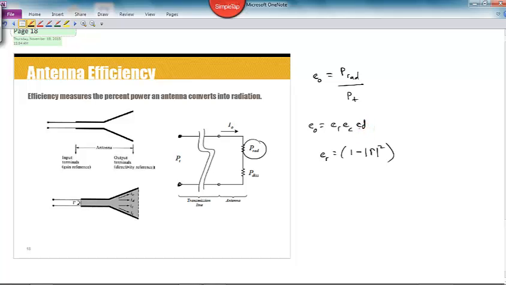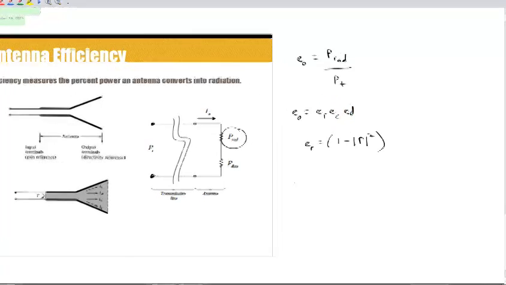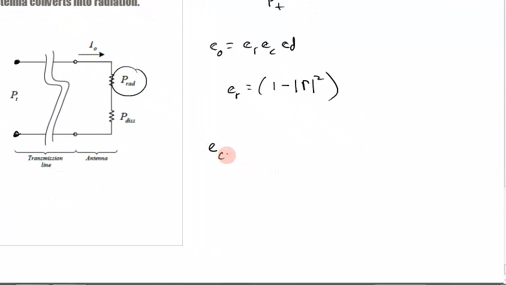Usually we will find that EC and ED are almost impossible to compute, and they are determined experimentally. Even when we are able to measure them, it's almost impossible to calculate which portion of the losses are due to the conduction efficiency and which portion are instead due to dielectric efficiency. So in most practical applications, we don't define EC and ED, we just combine them into an overall efficiency.